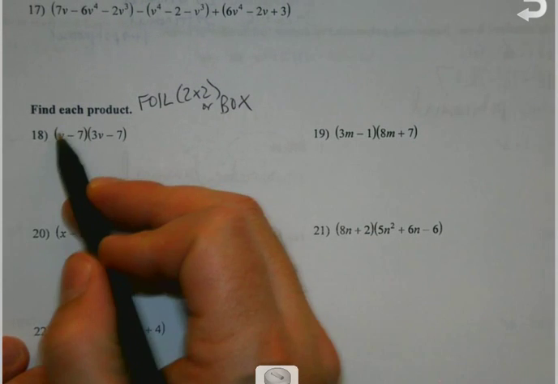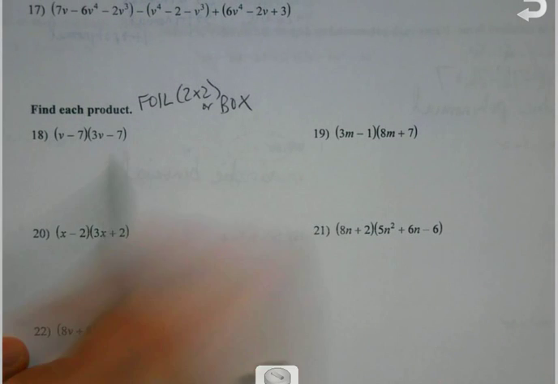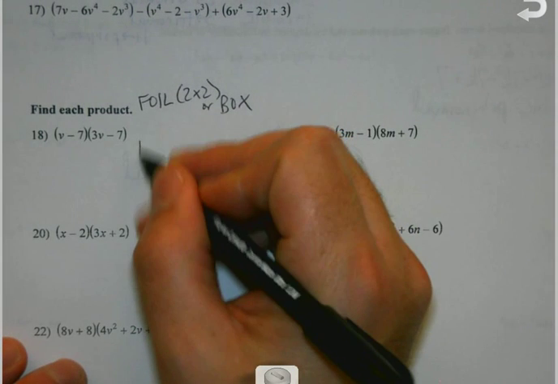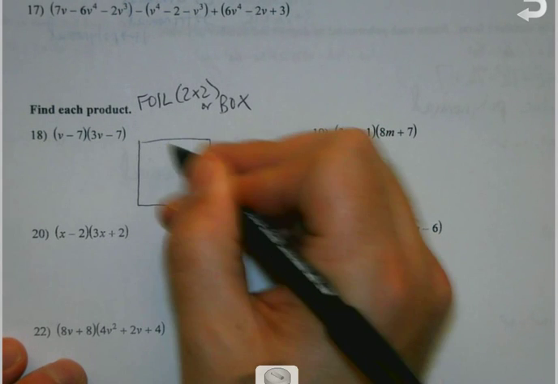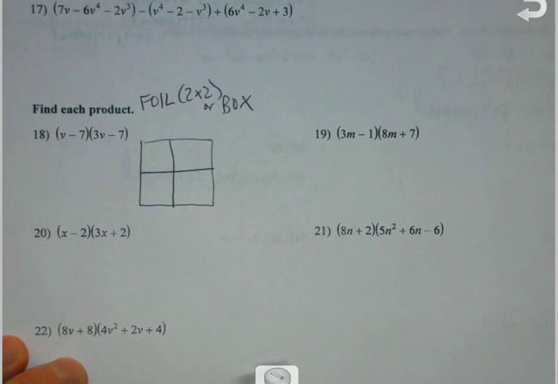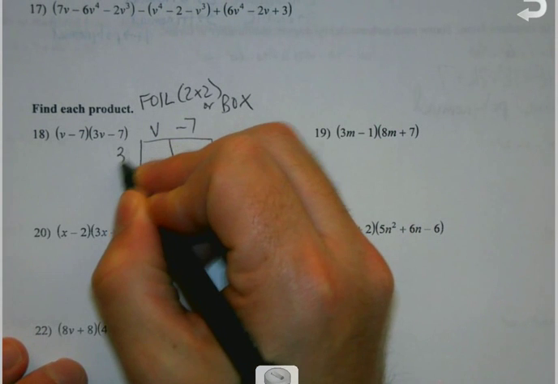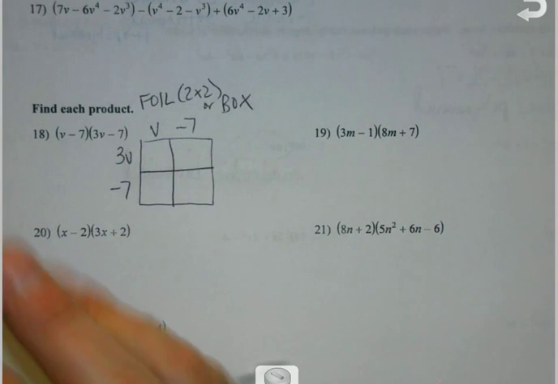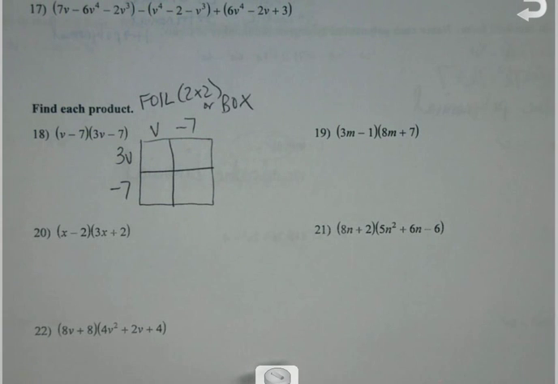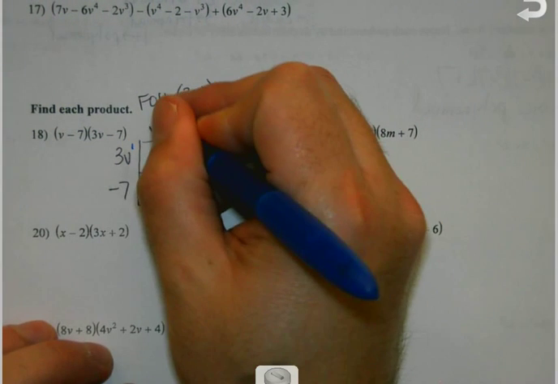So if you like doing the thing with the lines, you can. I still am going to push towards getting these things situated, where all I'm going to do is write along the edges of the box what's going on. And then I'm multiplying what's inside.